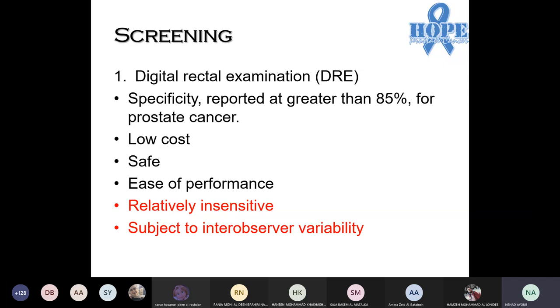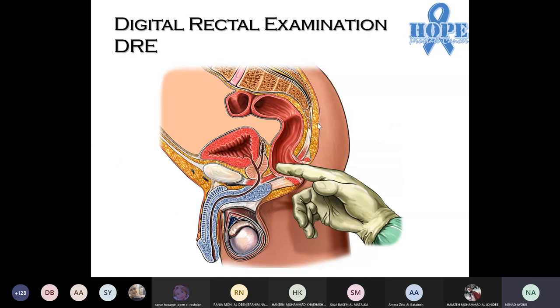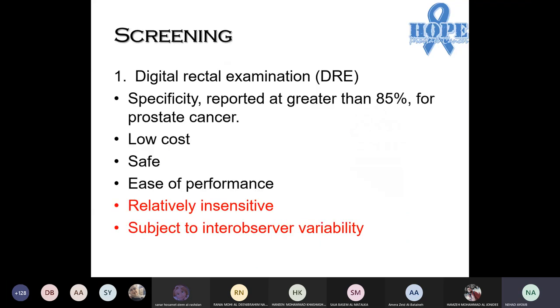The problem here is that there is variability between the observers. What does that mean? If physician A is doing the exam, they might report findings different from physician B or C doing the exam. So we have variability, the observer or physician variability.